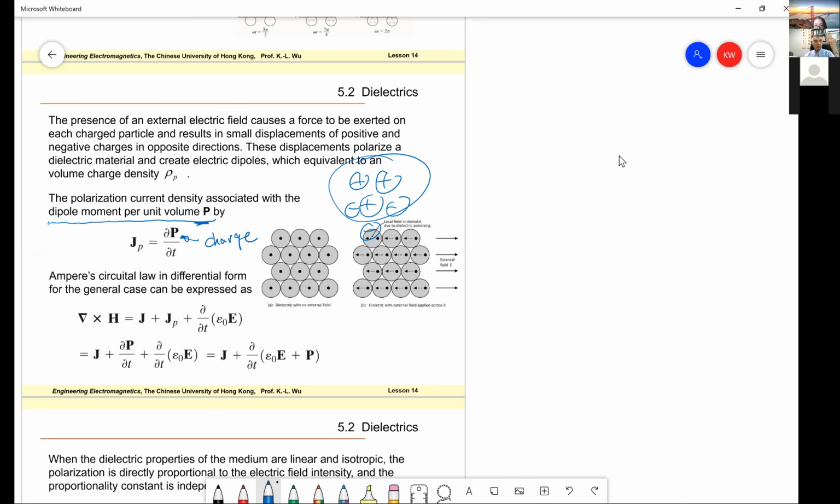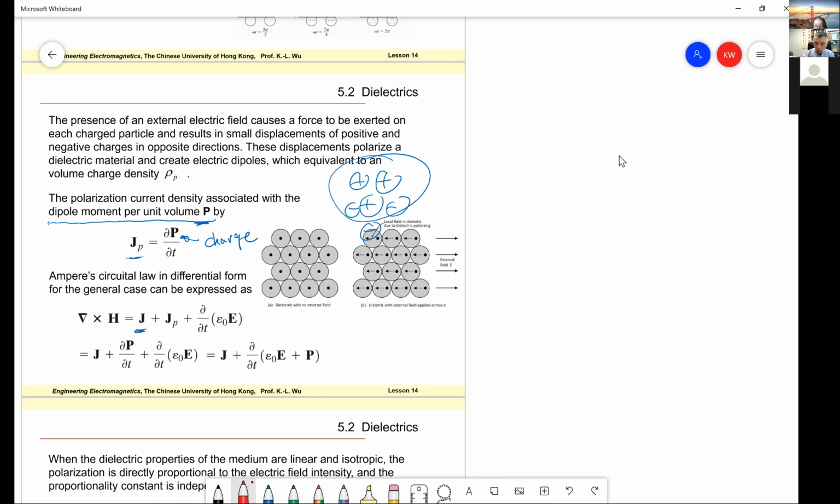So we know the current continuity relation, right? The change of the total charge with time forms current. Therefore, we need to slightly modify our Ampere's law. This is the original current in free space.